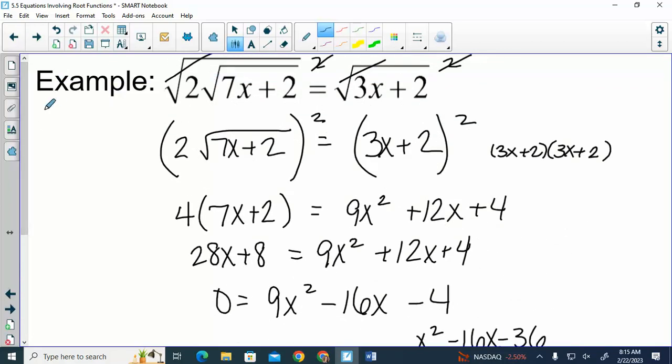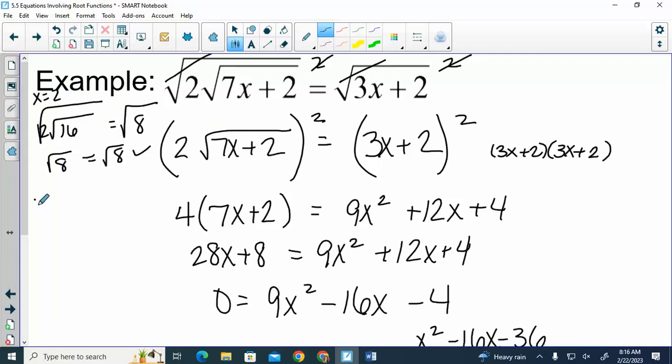Plug in a 2. You're welcome to do this on your calculators. So I get the square root of 8 equals the square root of 8, so that's good. What was my other one?